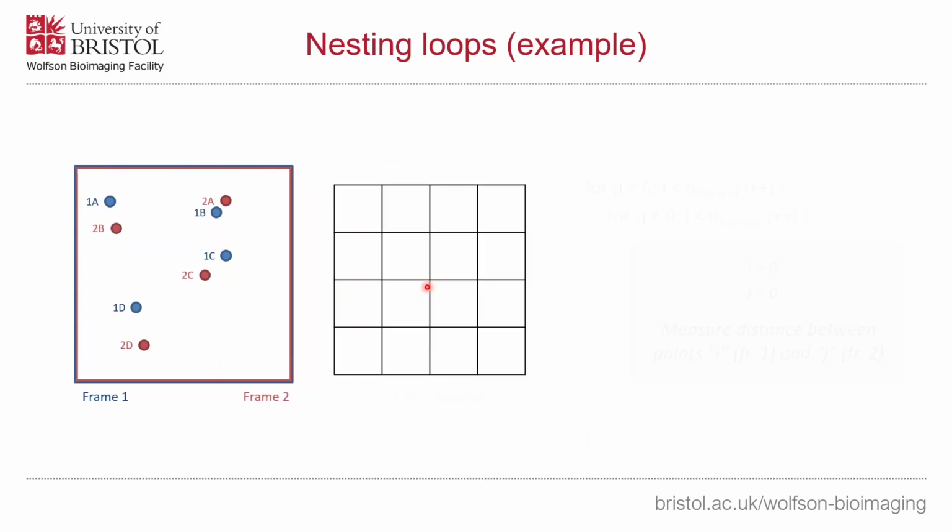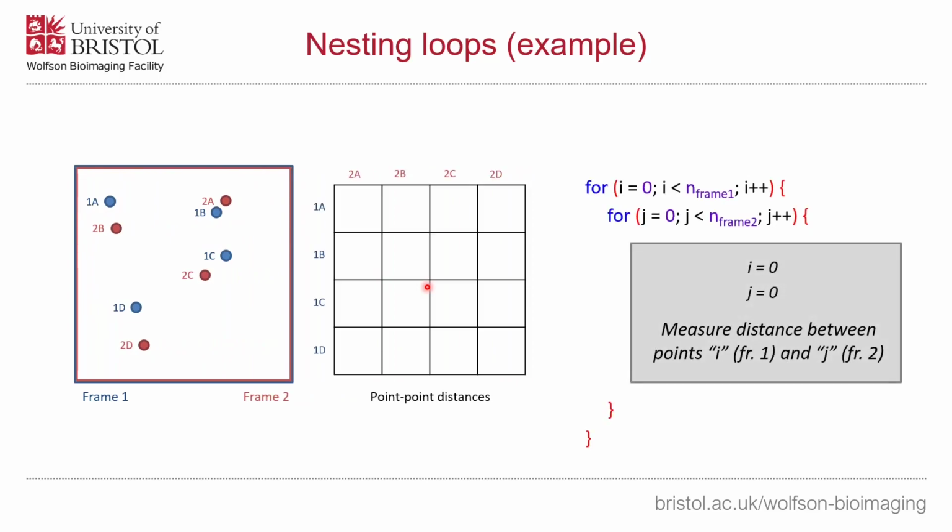So if we just overlay those 2 for the sake of schematic simplicity, one way of looking at it would be creating this kind of 2D array of point-to-point distances. So this first row here corresponds to the distances for point 1A against point 2A, 2B, 2C and 2D. Similarly, all values in row 2 are going to be for 1B against 2A, 2B, 2C, 2D, and so on.